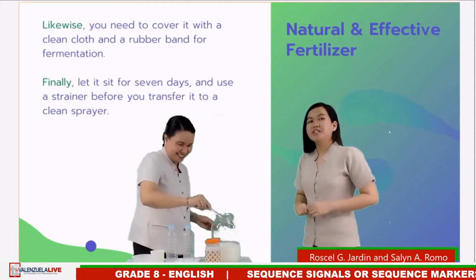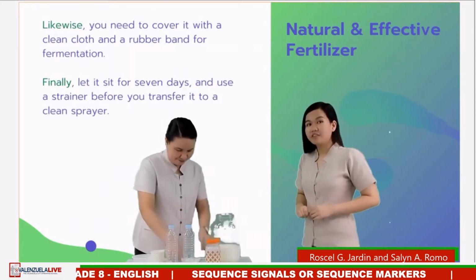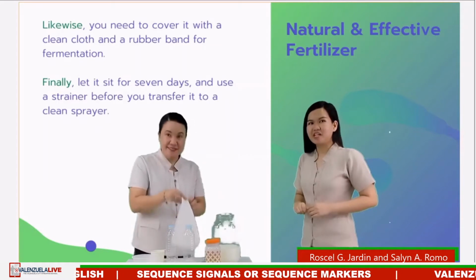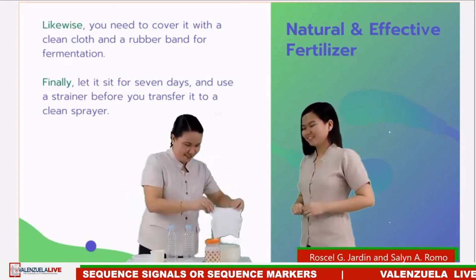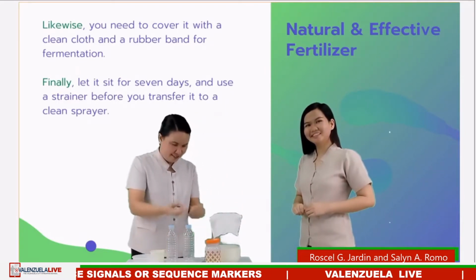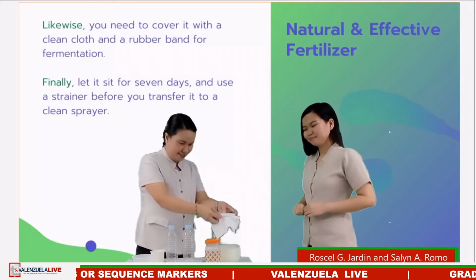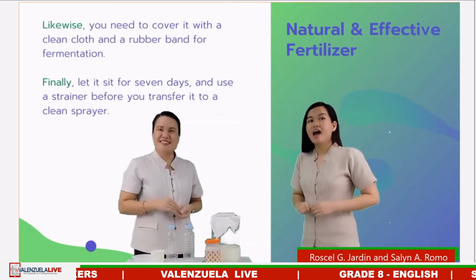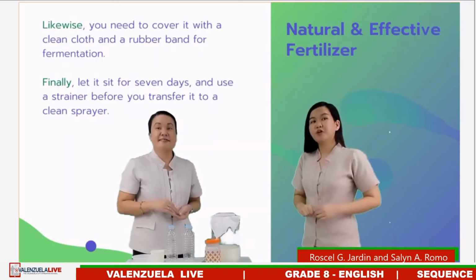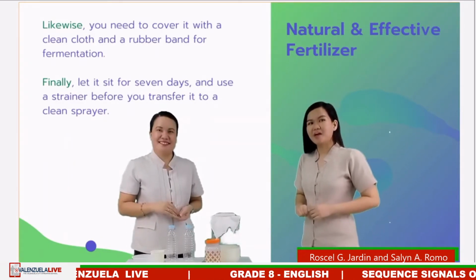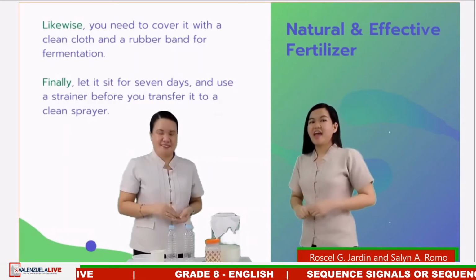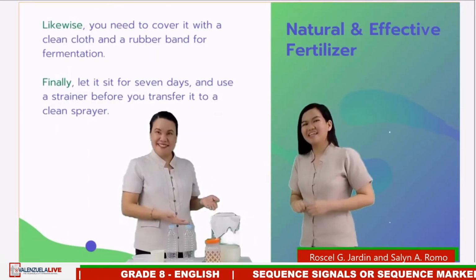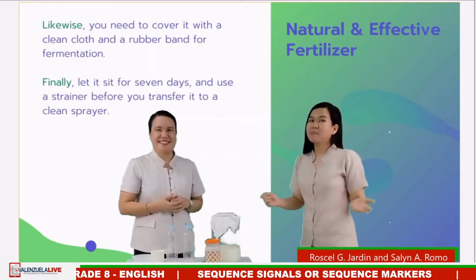Likewise, you need to cover it with a clean cloth and a rubber band for fermentation. Finally, let it sit for 7 days and use a strainer before you transfer it to a clean sprayer. There you have it, a homemade fertilizer and insect killer in one. Happy gardening!